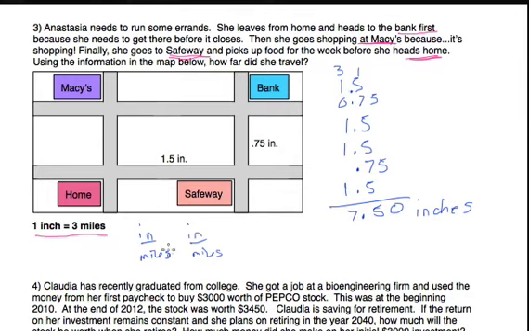So, inches on the map, 1 inch equals 3 miles. We traveled 7.5 inches. How many miles is that in real life? So that's 7.5 times 3 divided by 1. 7.5 times 3, that's a total of 22.5 miles. Easy enough.